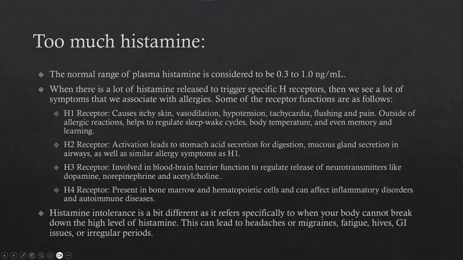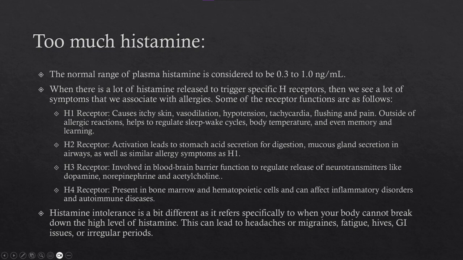For the H3 receptors, these are found in the central nervous system, and they are involved in the blood brain barrier function to regulate the release of neurotransmitters like dopamine, norepinephrine, and acetylcholine. This can cause symptoms such as disrupted sleep, anxiety or hyperactivity, headaches, migraines, or just a general imbalance of other neurotransmitters.